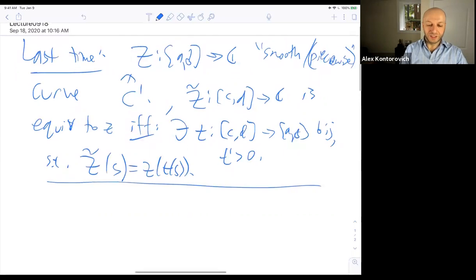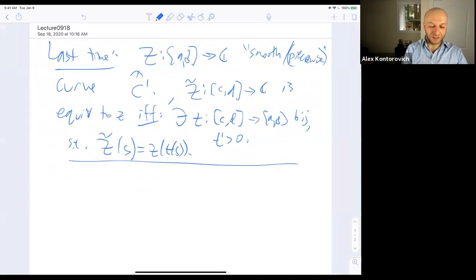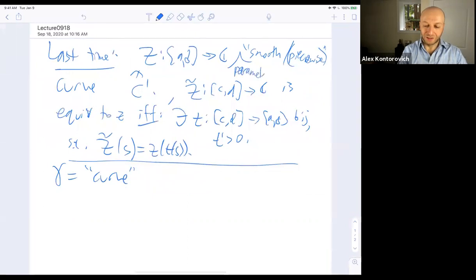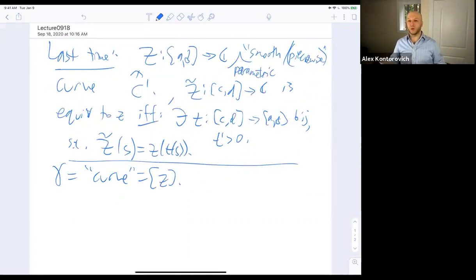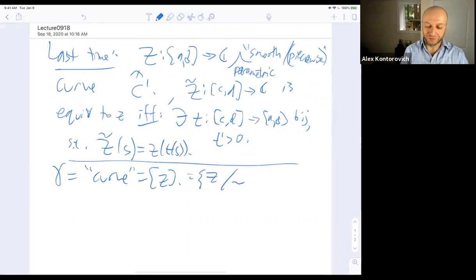And once we had equivalence classes, then we could say gamma is a curve, not a parametric curve. In other words, I don't care about the parameterization. I want to think about curves up to equivalence. So this is the set of all curves that are equivalent to z. That does form an equivalence class.